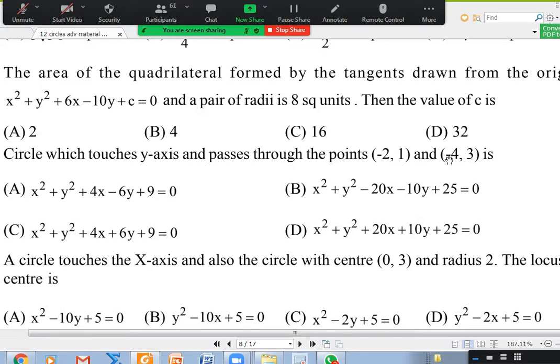From an external point, whenever you draw two tangents, here that external point is the origin, and that circle is x square plus y square plus 6x minus 10y plus c equal to 0. Then the area of the quadrilateral formed by the radii and the tangents is 8.